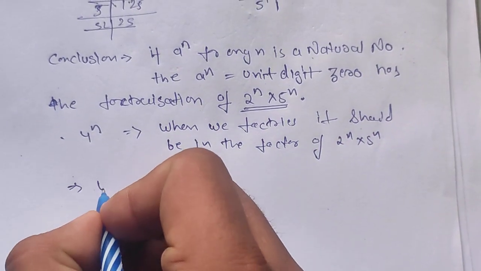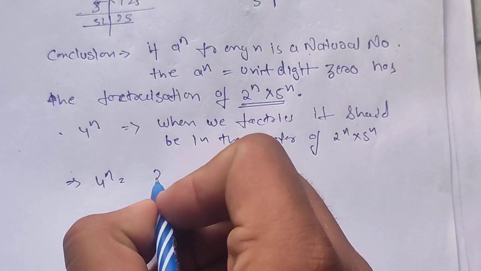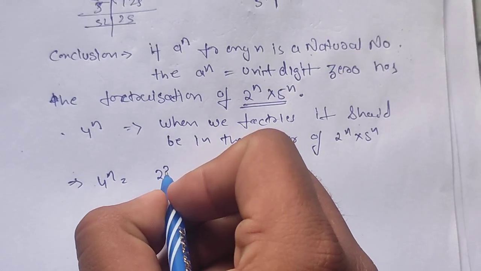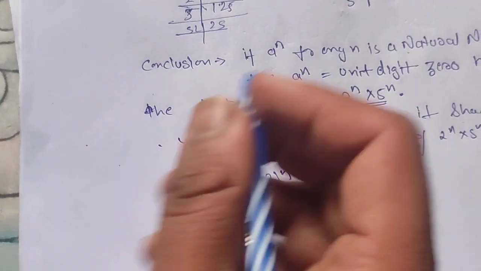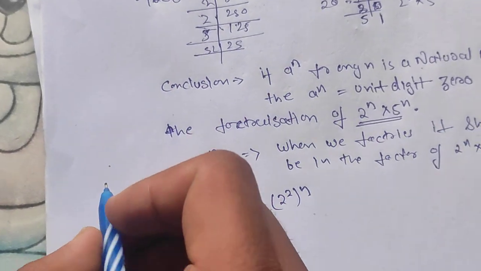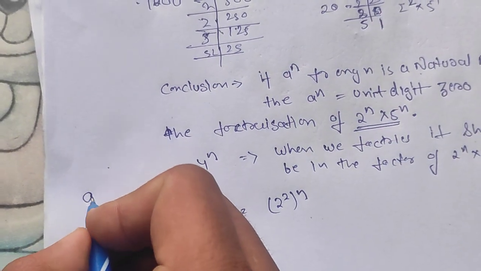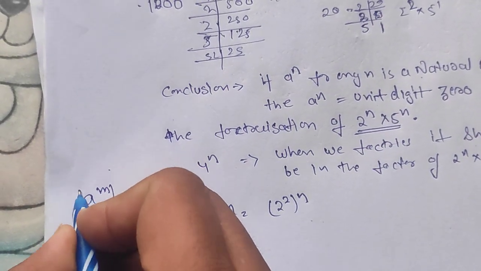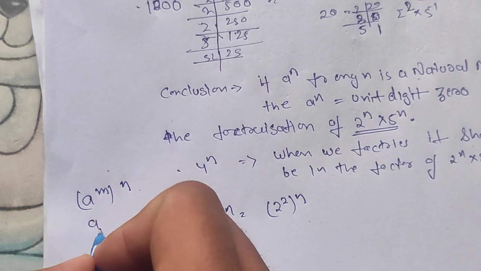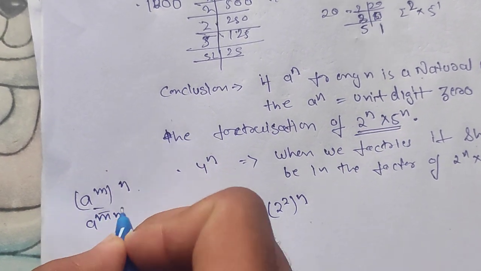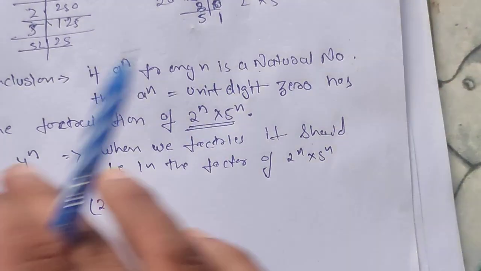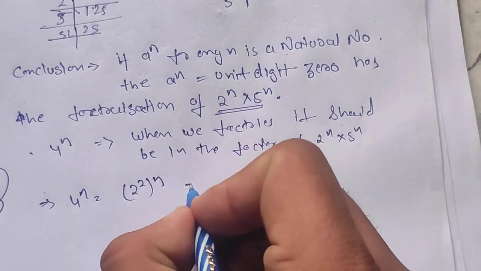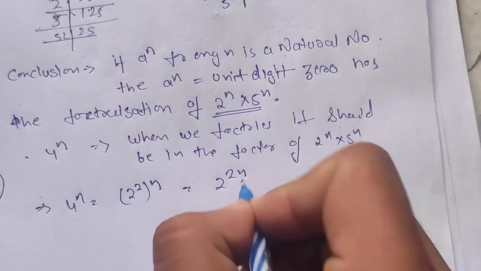So 4 to the power n can be written as (2 squared) to the power n, by the exponential rule. We know that (a to the power m) to the power n is a to the power m times n. Remember it, we will discuss more later. So it is 2 to the power 2n.